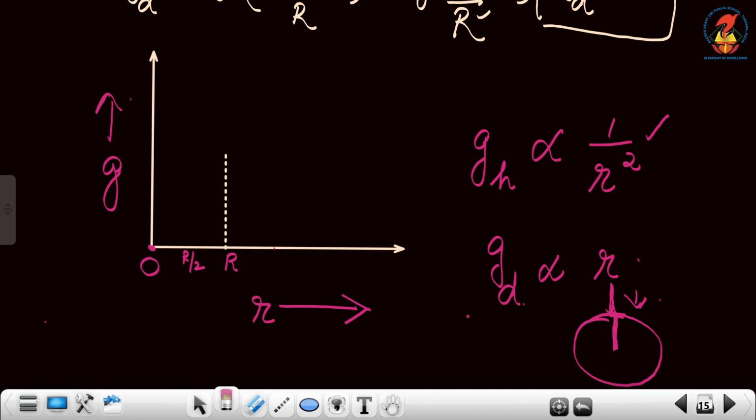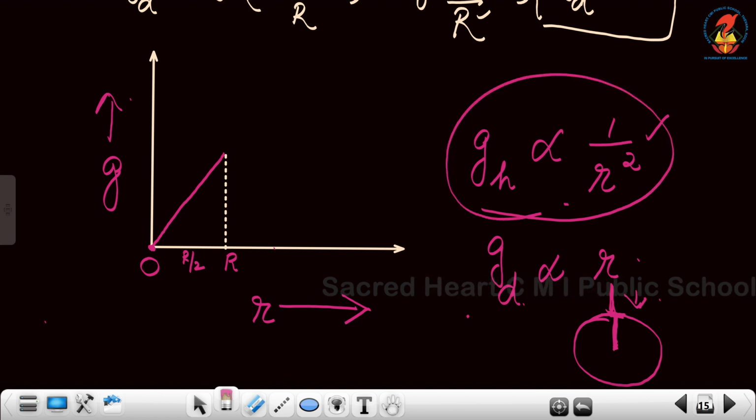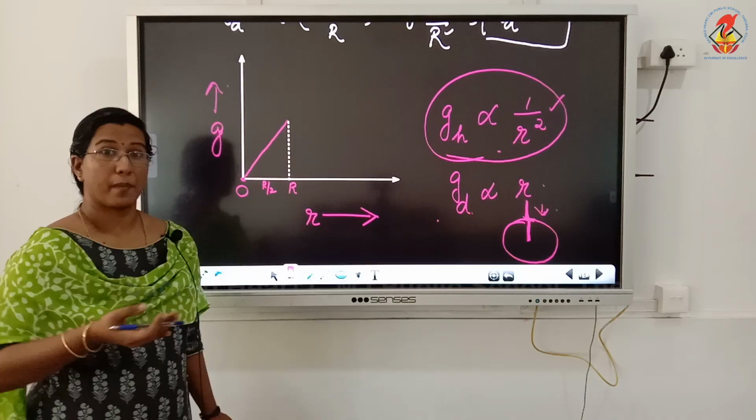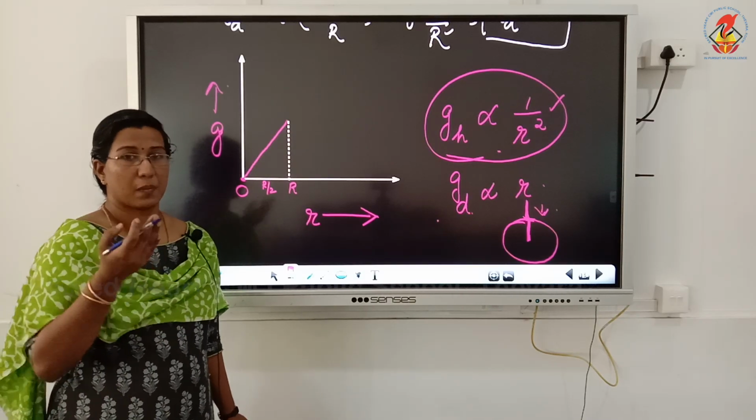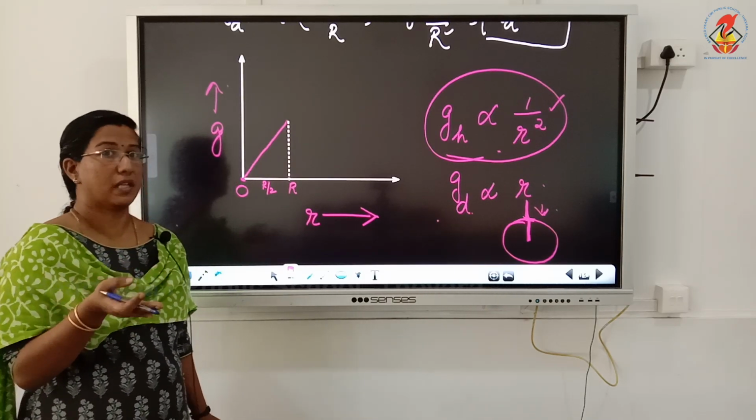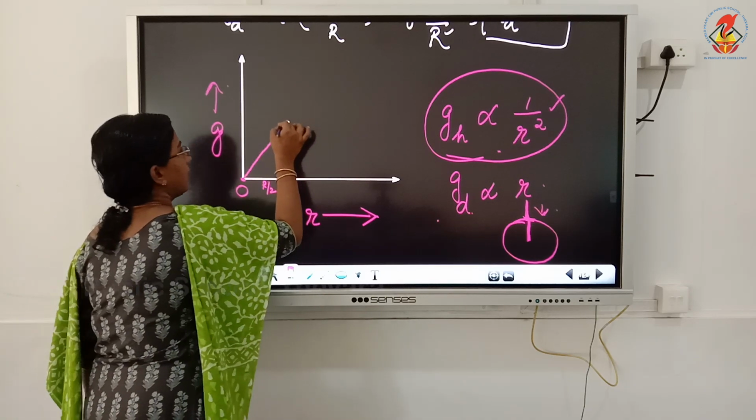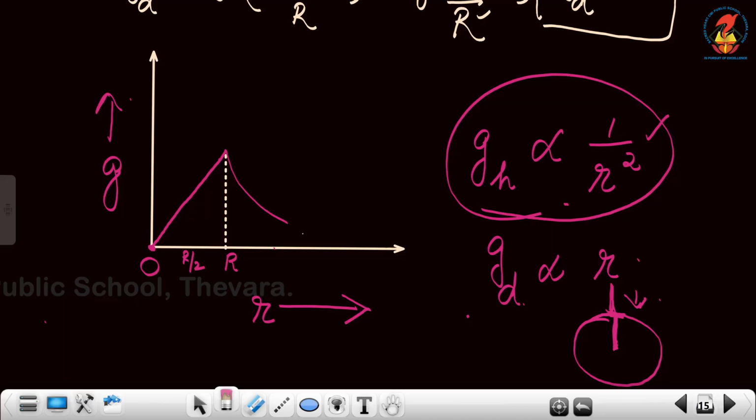As the distance from the center of the earth is increasing, the value of g also increases. It reaches the maximum value on the surface of the earth, and then what happens? As the height increases from the surface of the earth, there is an inverse relationship, proportional to 1 by r square. So the shape of the graph will be parabolic, and it will be decreasing. So the value of g will decrease like this.